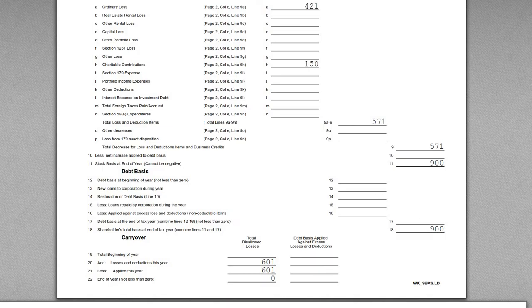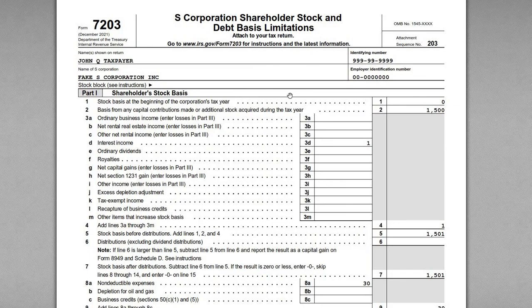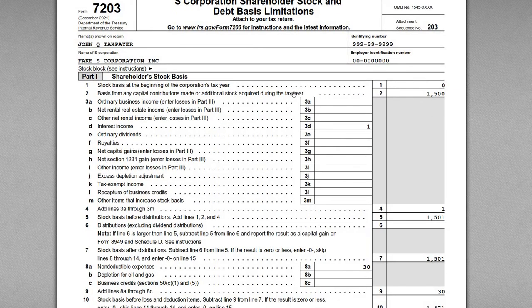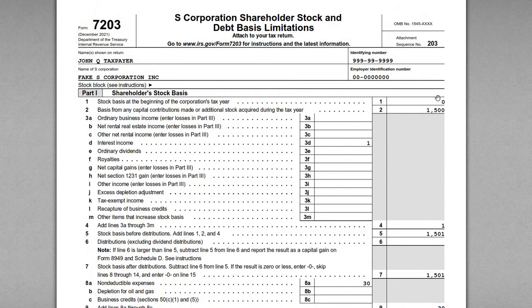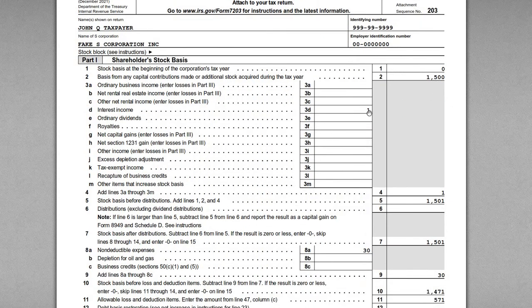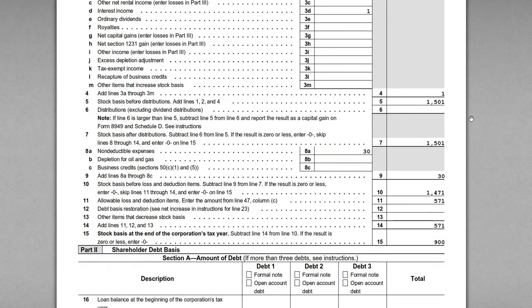Okay, so we go back to the 7203 here. Again, very similar format, right? We have stock basis at the beginning of the year. This is an initial year corporation for John, so his basis at the start of the year is 0. The basis he has from capital contributions is that $1,500 number, and a $1 increase for the interest.